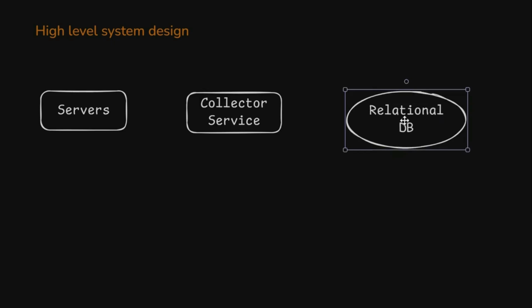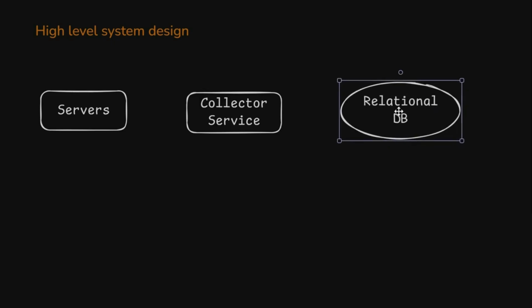It could be simple Postgres or MySQL database. So these metrics are being emitted and the service is saving into this database, and the dashboard would be able to query this database for loading the metrics in the graph.